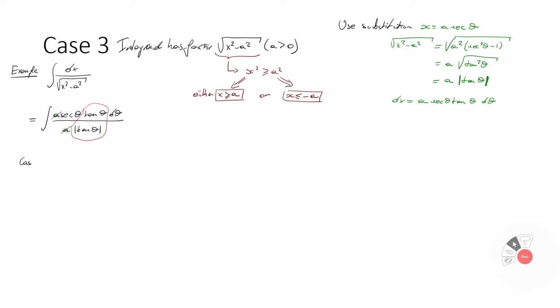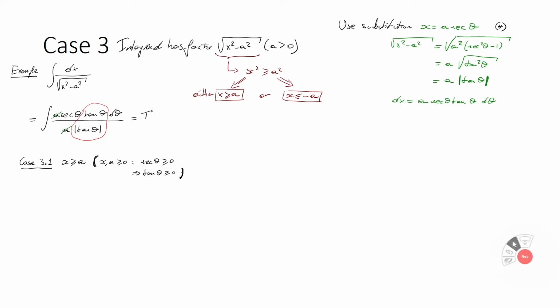So case 3.1, here we assume that x is bigger than a, and so in particular x and a are both positive, and therefore from the rule that links them with theta, we have that secant theta is also positive or 0, and therefore tan theta is positive as well.